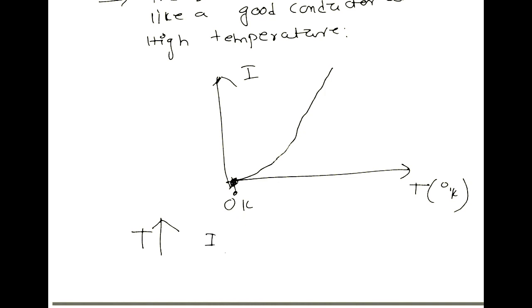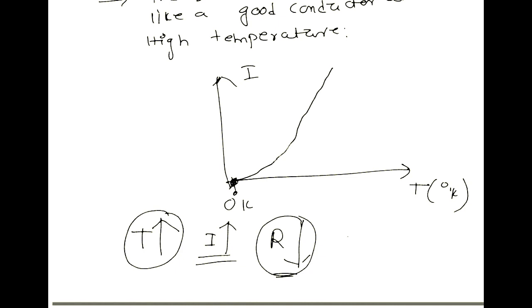Conductivity increasing means the resistance of the semiconductor decreases. So as the temperature increases, resistance decreases.